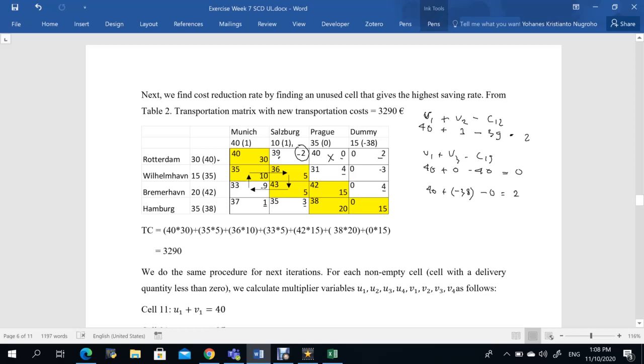Even if we move to the cells, we have additional cost at 2. Okay, and we do the same for the others. For example, here 4 equals 35 plus 0 minus 31 equals 4. What about this one? Here we have 42 and then plus 1 minus 33 equals minus 9.